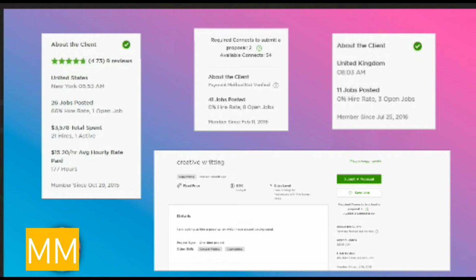So make sure that you take full advantage of it. Make sure you apply for jobs that you are actually skilled at, just so you don't waste the employer's time or your time. The next one is look at the reviews about the client and read them, see what type of clients there are, and this should help you get started on applying for jobs.